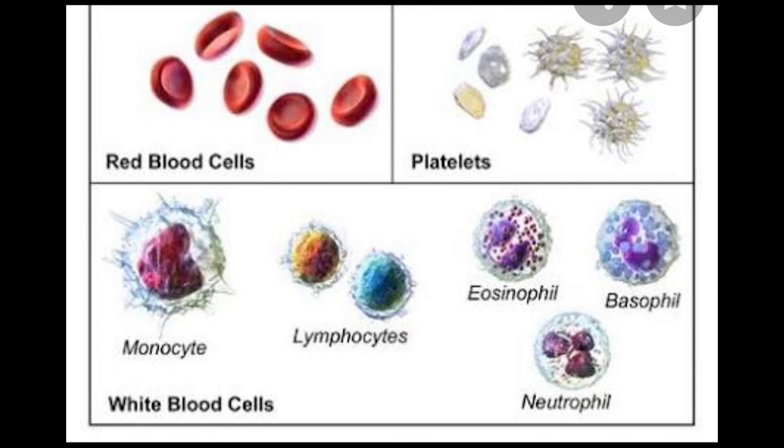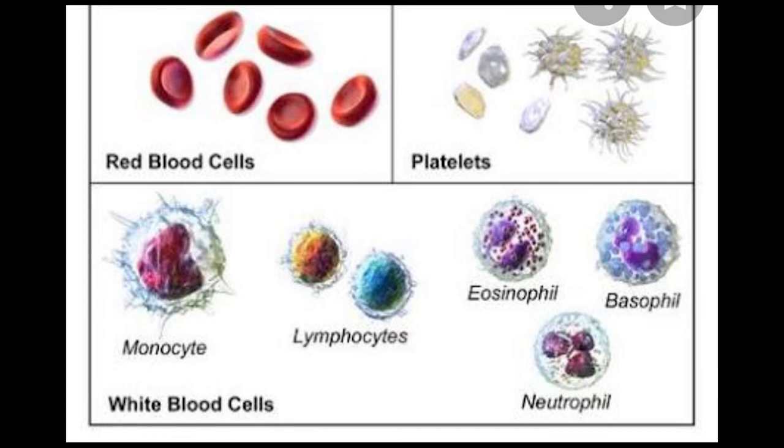Next topic is blood. Here, our main concern is the substances of blood, অর্থাৎ রক্তের উপাদান. The major component of blood is water, which is called plasma.